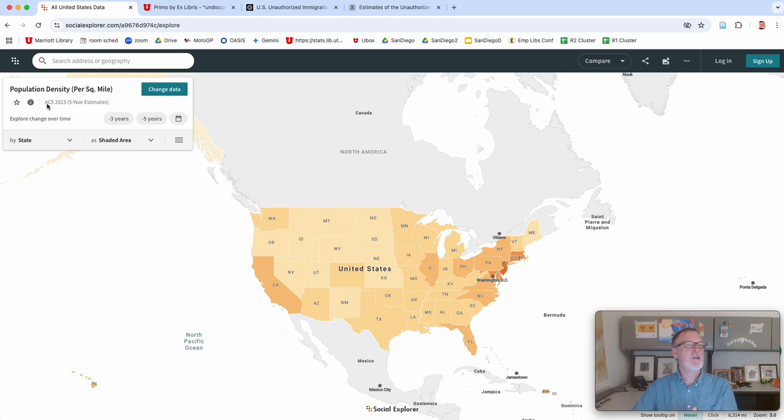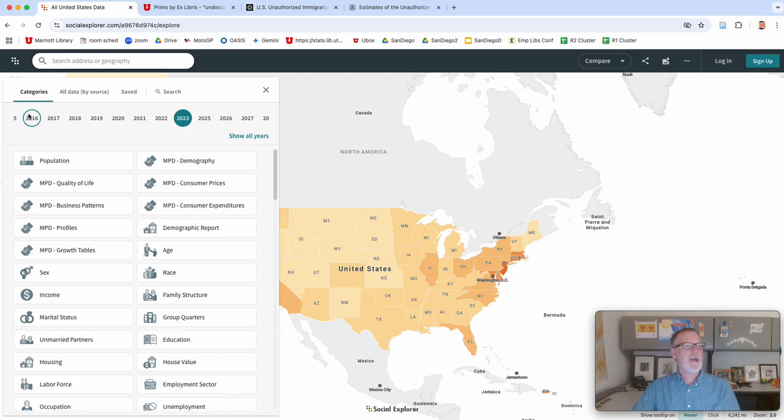So this is the American Community Survey of 2023, 5-year estimates of population. And if you mouse over, you can see the population density of every state according to that forecast. Isn't that cool?